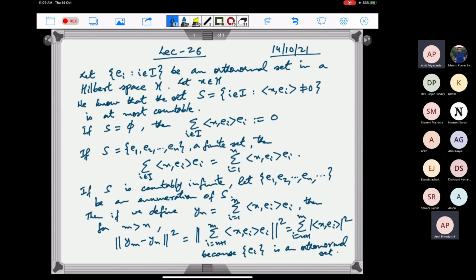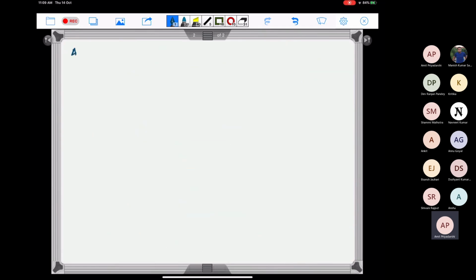Also, what we know is that by Bessel's inequality, this summation of i equal to 1 to infinity of mod (x, e_i) squared is finite, right?